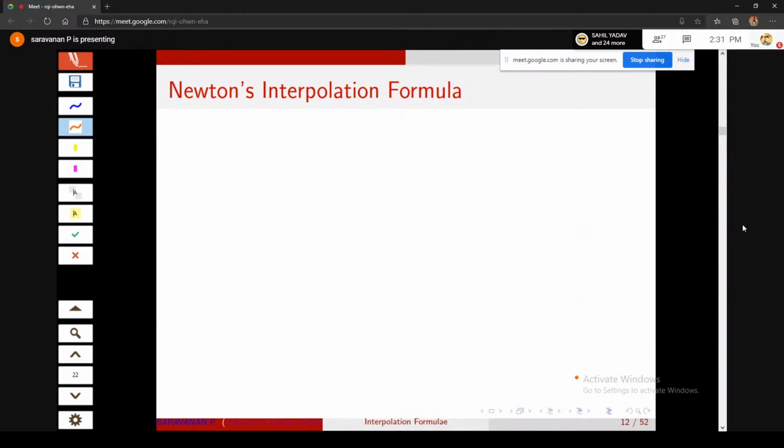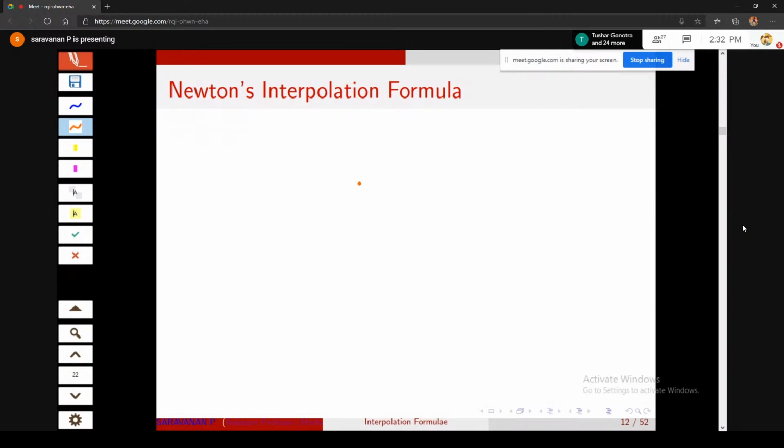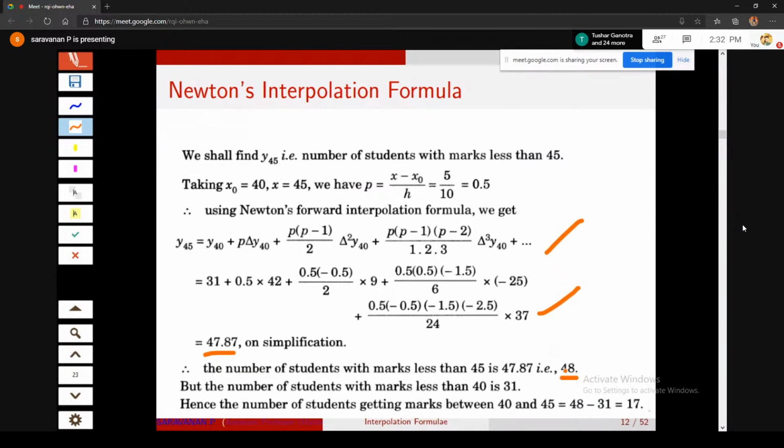And already from the table we know there are 31 students who have secured less than 40 marks. Therefore, the number of students who secured marks between 40 and 45 is 48 minus 31, that is 17. So 17 students have got marks between 40 and 45.